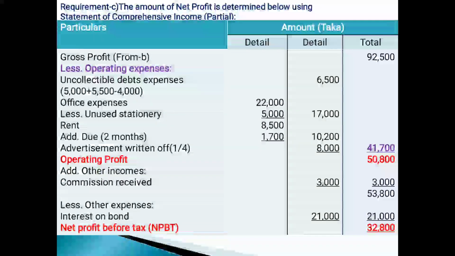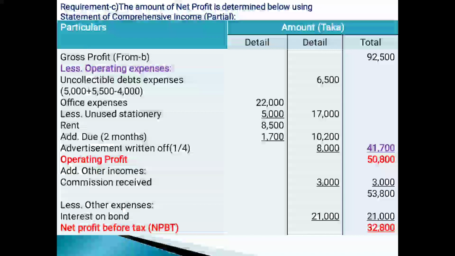In adjustment, bad debt is taka 5,000, and the provision for bad debt is increased by 1,500. So 5,000 plus 5,500, minus the old allowance for bad debt, which is to be deducted from the total amount. So at this moment, net uncollectible debt expense is taka 6,500.